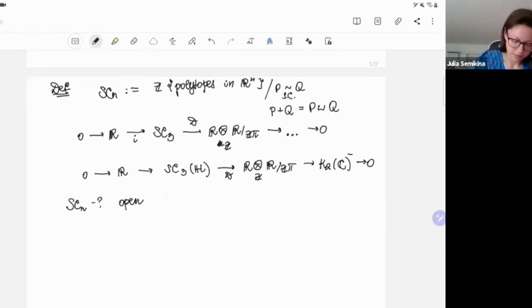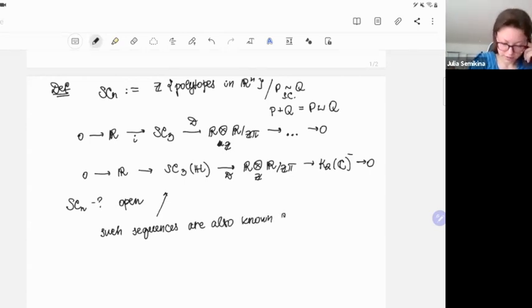There are such sequences also known for higher degrees, for higher dimensions. So not only for R^3 or H^3. And this, in some sense, answers what these groups are.